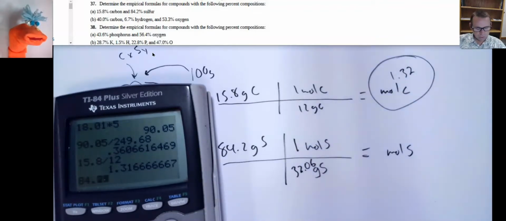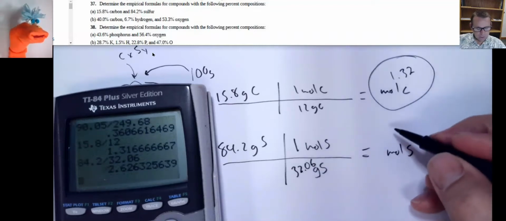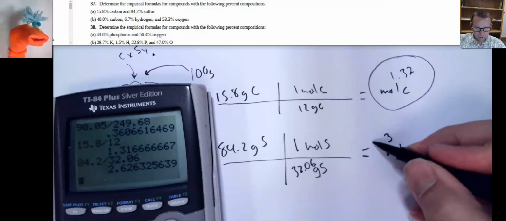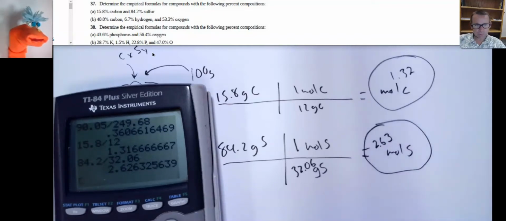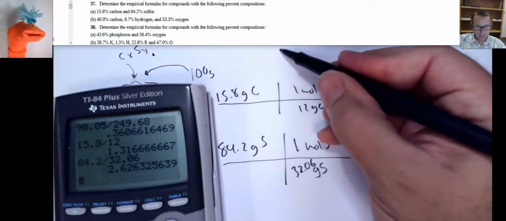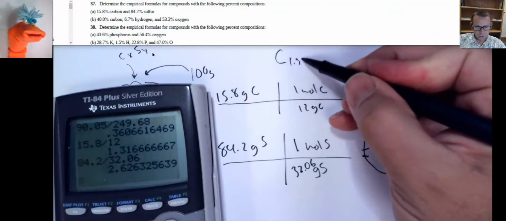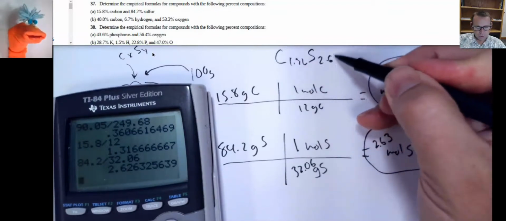So 84.2 divided by 32.06, and 2.63. Okay, 2.63 moles of sulfur. Can you use those numbers now? Yeah, I can. I can say C 1.32, S 2.63.